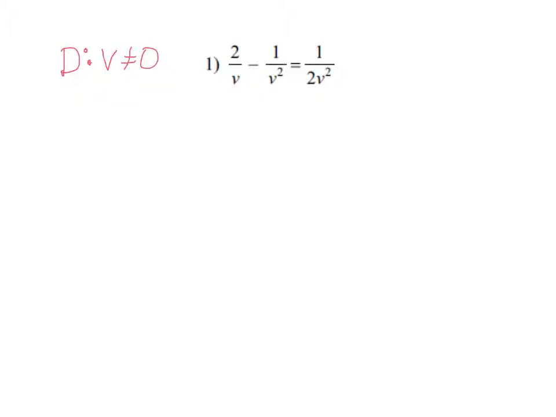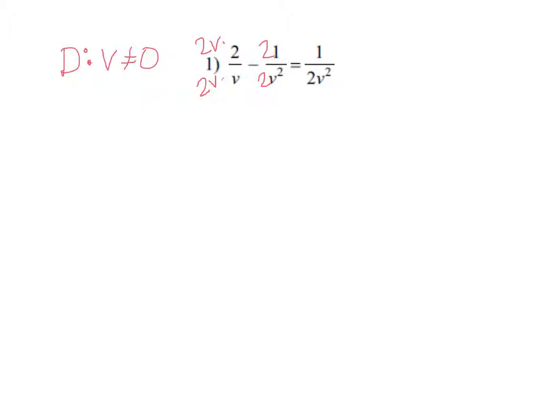This one is only a v right now, so I'm going to have to take this fraction times an extra v so that it will end up being a v squared. And then the last fraction says, oh, and you need to have a 2. So that one has a 2, but the other ones don't, so I'll have to take each of those times a 2 as well. So your common denominator is going to be 2v squared.